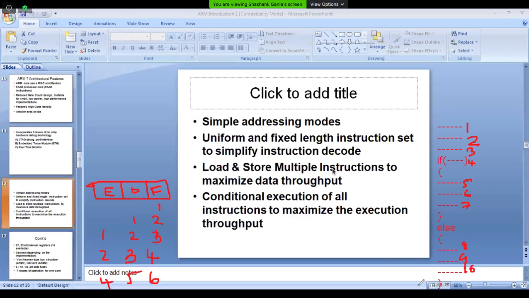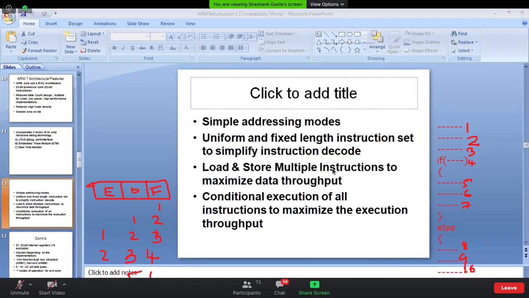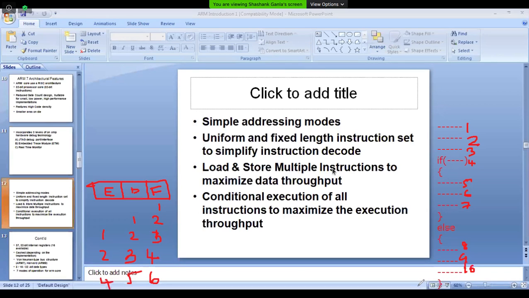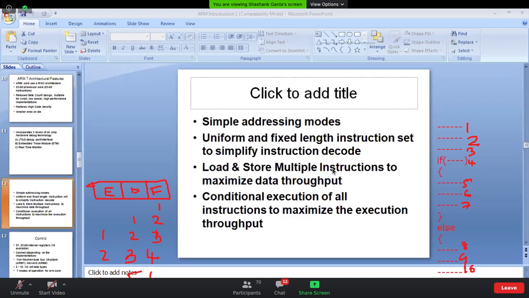But assuming that the fourth instruction's execution stage condition is false, it fails. So if it fails, what is present in the decode state and fetch state is wasted, because there are already instructions in the decode state and fetch state. That is, the fifth instruction is present in the decode state and the sixth instruction is present in the fetch state.